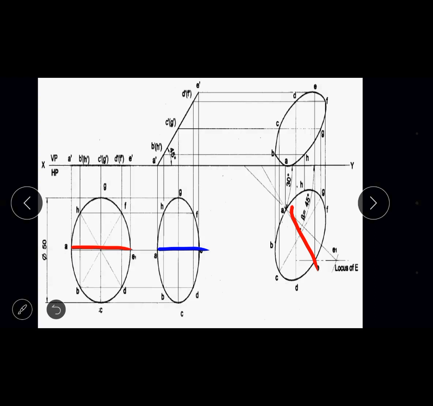On this median line AE, out of 8 corners of the ellipse, 2 corners are available, corner A and corner E. We have to define the other corners: B, C, D, F, G and H. The remaining 6 corners we have to define. Once all 8 corners are available, you can go for a freehand sketch and complete the ellipse.